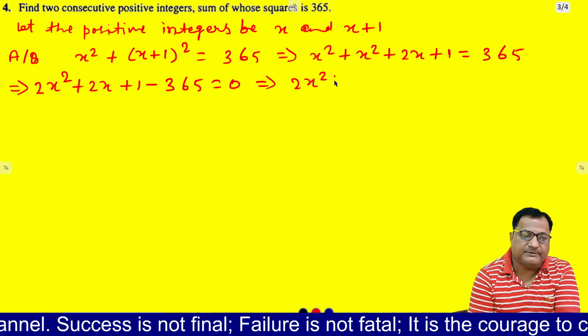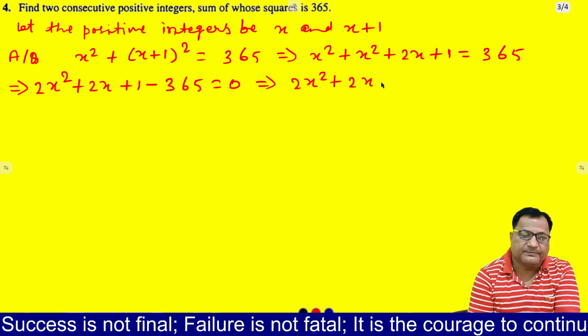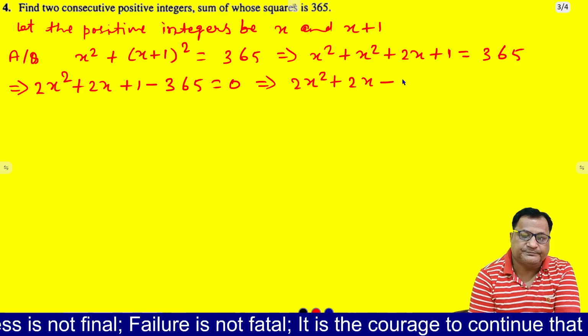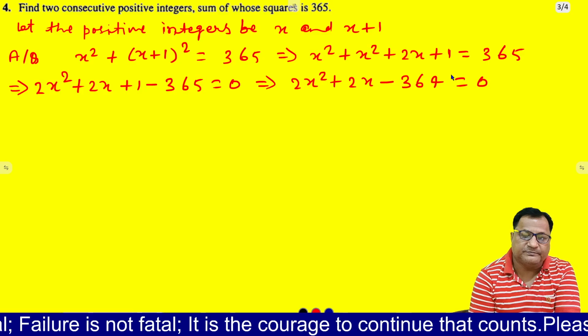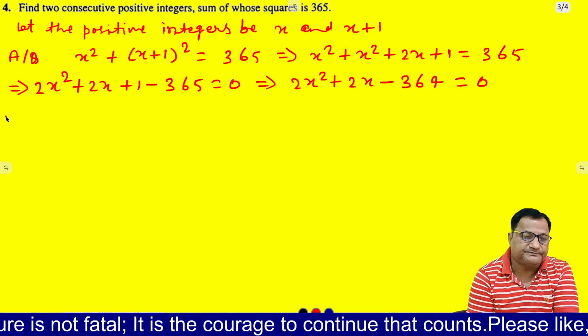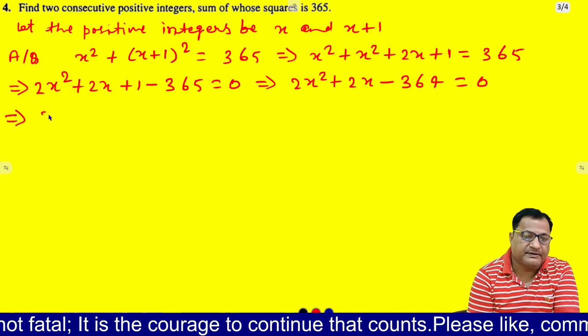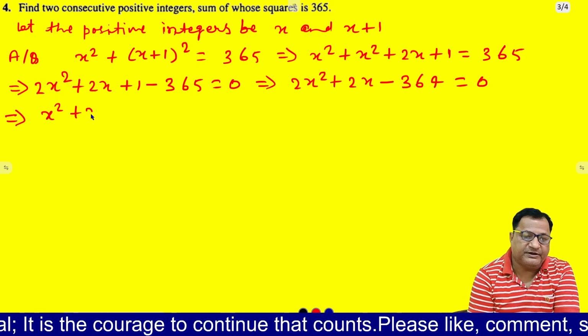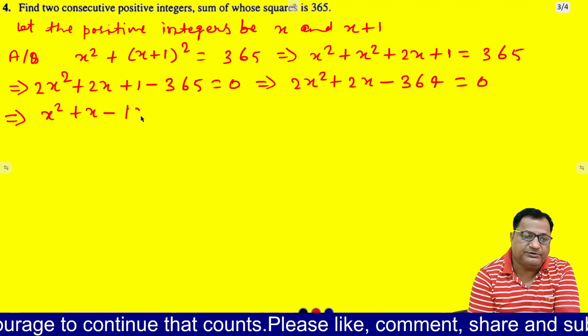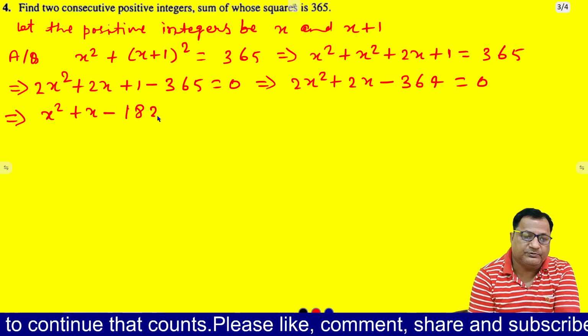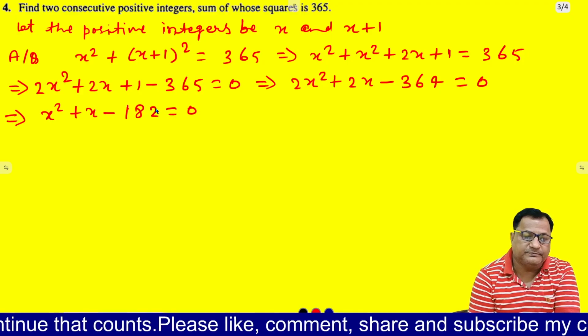2x square plus 2x minus 364 is equal to 0. x square plus x minus 182 is equal to 0.